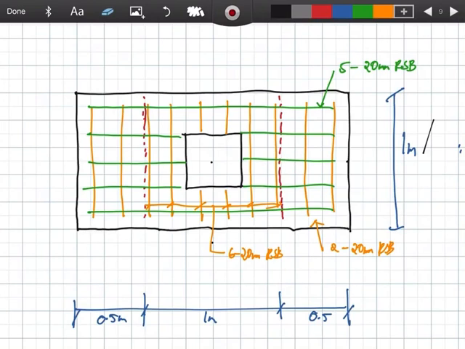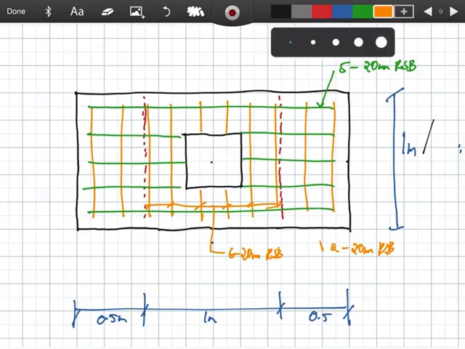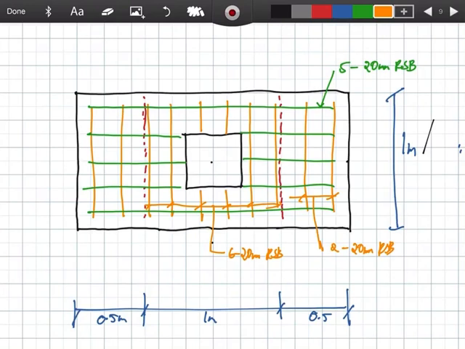Tingnan ko namang maayos naman tong isa. Okay, so ganun din dito. Ayusin nyo na lang drawing nyo.